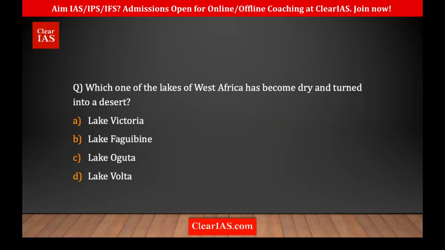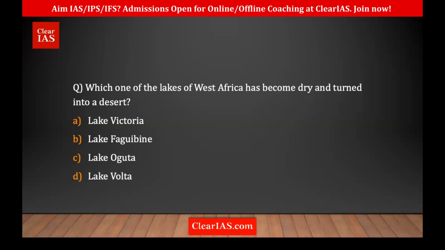That is Lake Gibbon. B is the answer. And even if you have doubt regarding Lake Victoria, the question is asked for West Africa. So you know Lake Victoria is in Southeast Africa. So that option you can always eliminate. So the answer is Lake Gibbon.